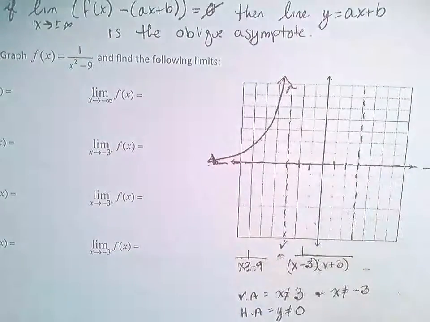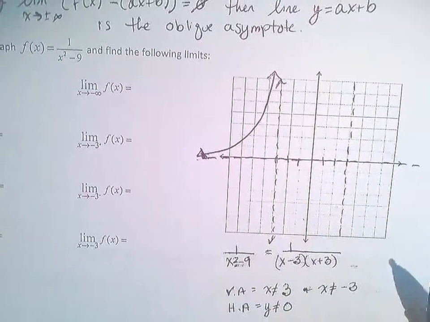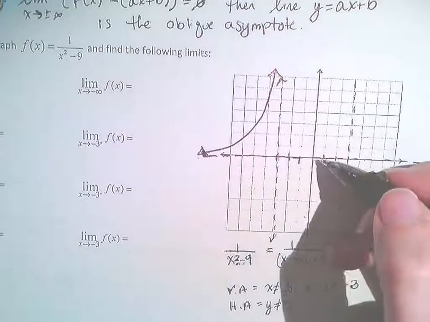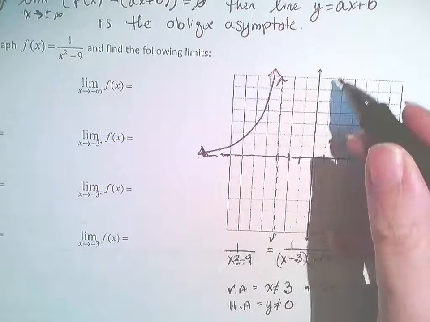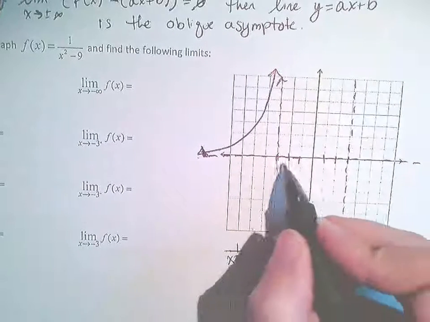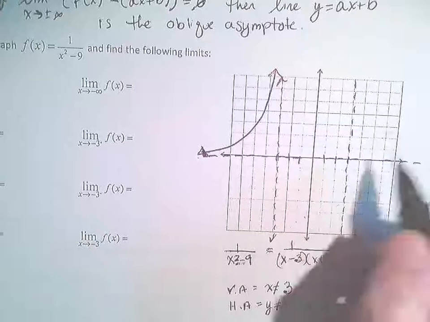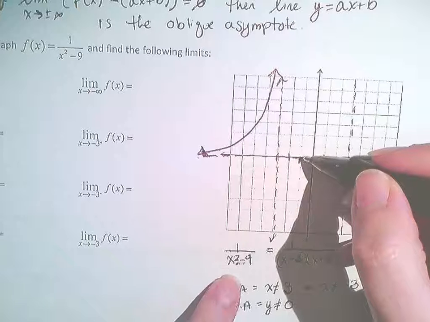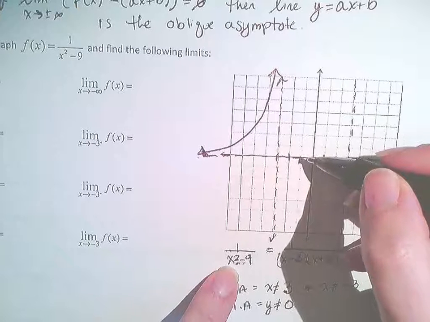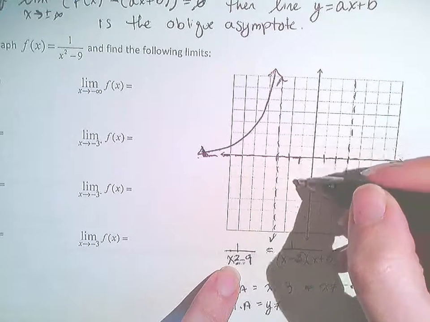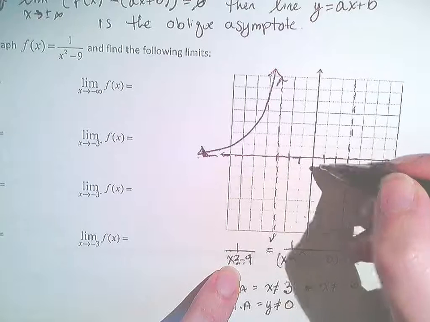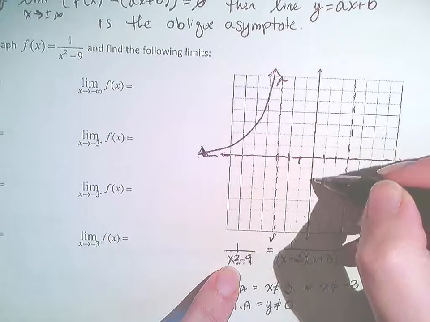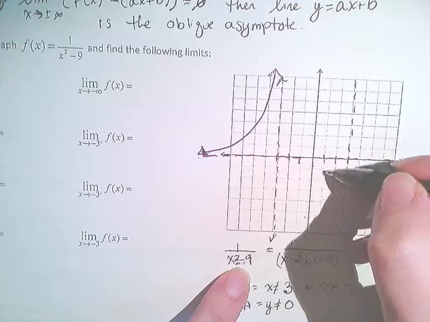The middle guy is going to be a parabola, and the question is, does it go through the horizontal asymptote? So I'm going to pick a point here and a point here. If I pick -1, plug that in, -1 squared is 1 minus 9, that's going to be negative. At 0, it's also going to be negative, and at 1, it's also going to be negative.